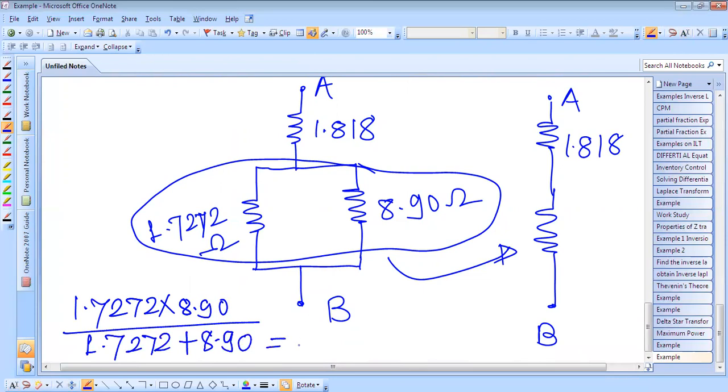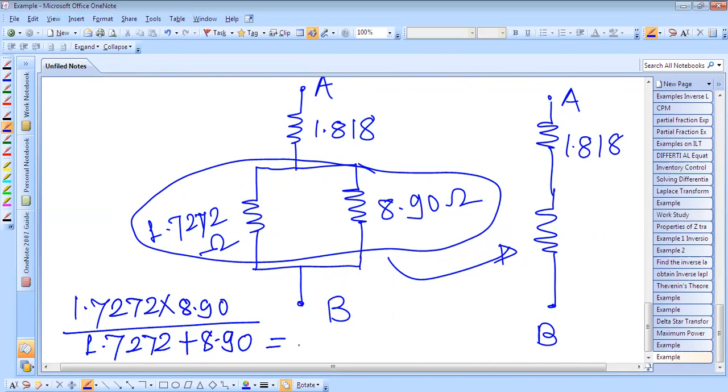Calculate these values, we will get here 1.7272 into 8.90.